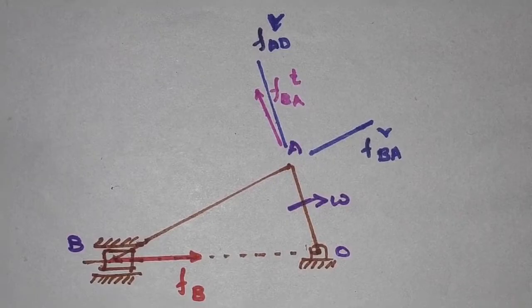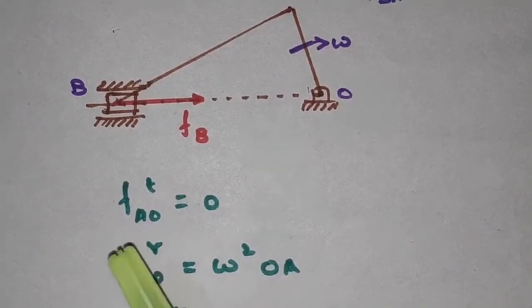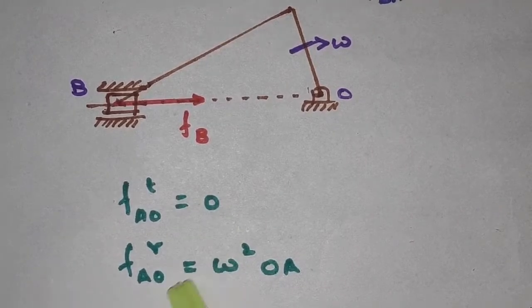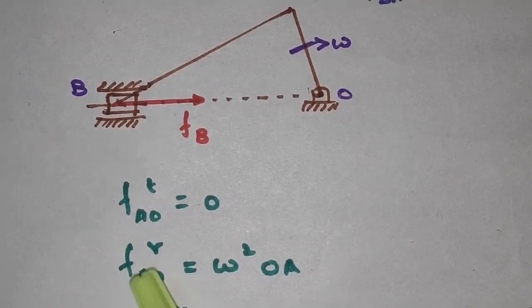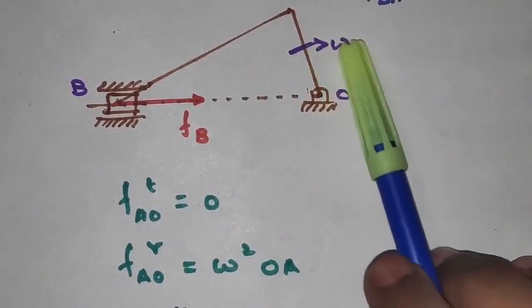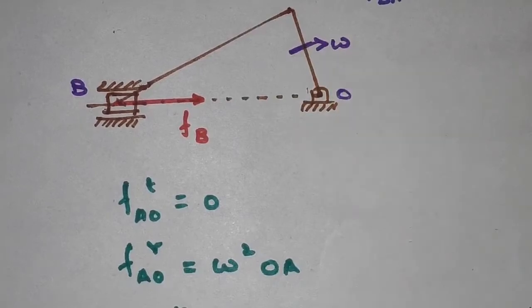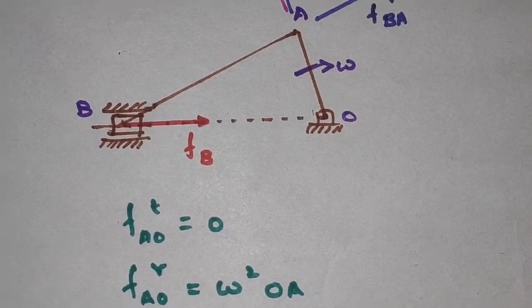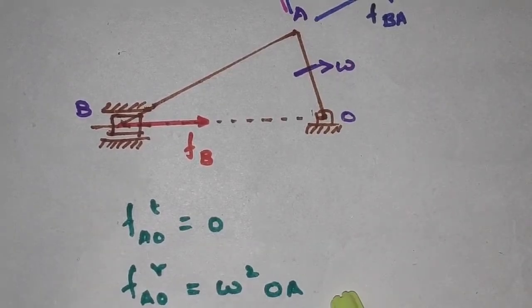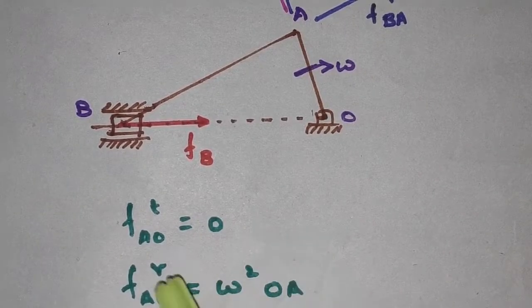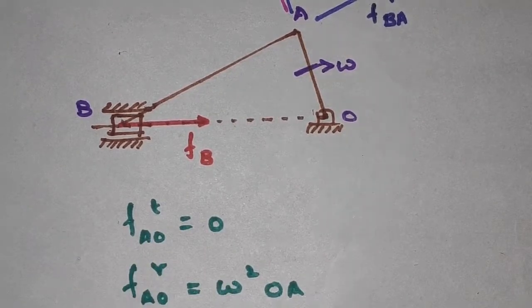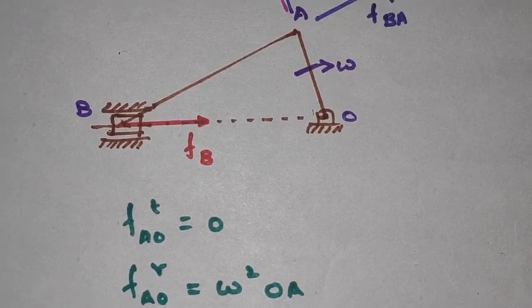That is, FAO tangential is equal to 0, and the radial component, FAO radial, is equal to omega square, the angular velocity square of link AO, into the length of the crank AO. When you substitute these values, you get the magnitude of the radial acceleration component of crank OA.